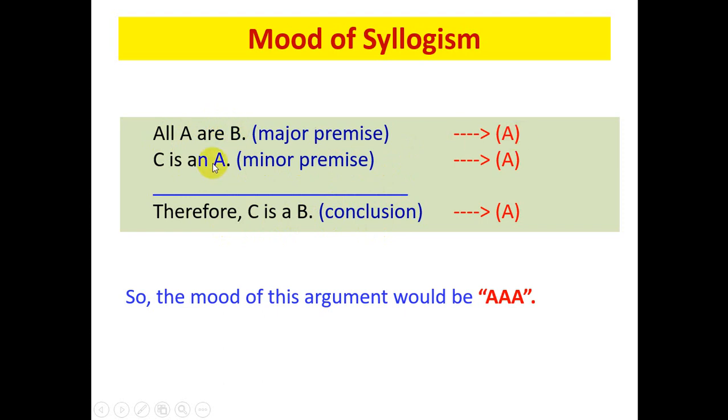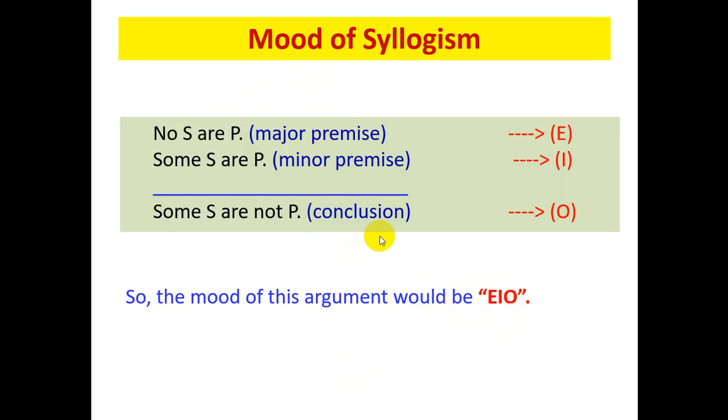This is A. C is an A, this is A. Therefore, C is B, this is A. So we have three letters here, this is AAA, or 3 A's. So the mode of this argument as a whole is A, or 3 A's.